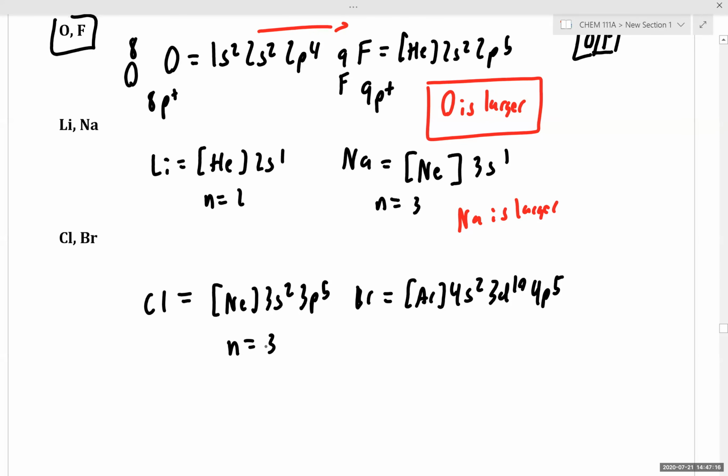So chlorine is n equals 3, bromine is n equals 4. Bromine is farther down in the periodic table, and as a result, which atom is larger? Which element has the larger atomic radius?